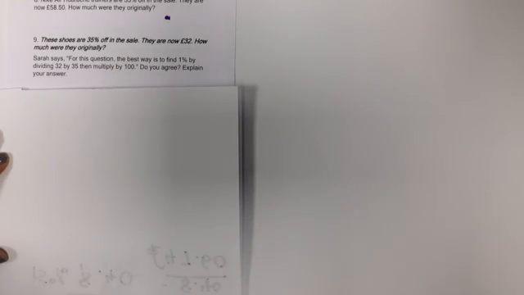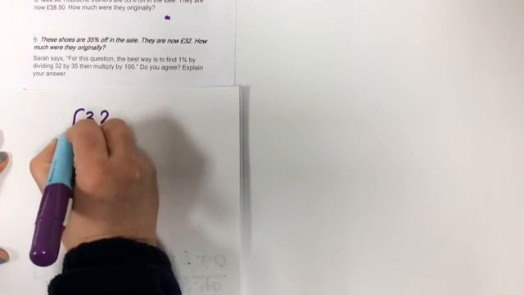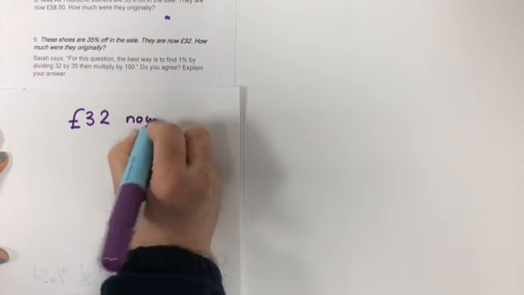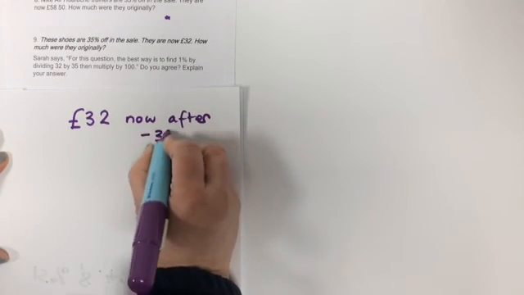But we do know that Sarah is wrong, because it says the best way is to find 1% by dividing 32 by 35 and then multiplying by 100. We can't agree, because actually 35% isn't what the £32 means. 32 is what they are now. They're now after minus 35%.